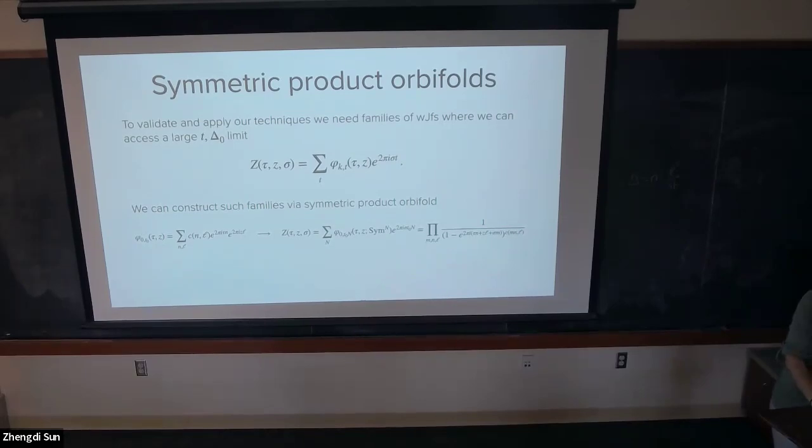And we can construct such families via symmetric product orbifolds. And the way that you can think about that is by their relation to usual supersymmetric CFTs. Any supersymmetric CFT is related to a weak Jacobi form by looking at this index of BPS states that I wrote down earlier.